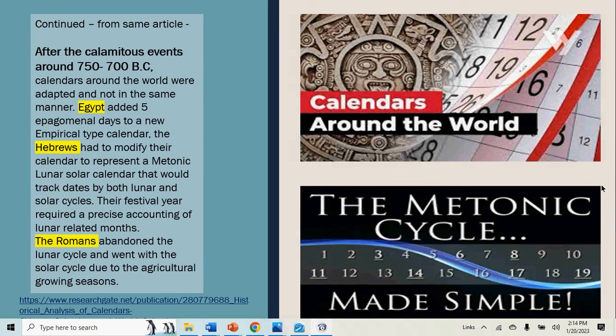The Hebrews had to modify their calendar to represent the Metonic lunar-solar calendar that would track dates by both lunar and solar cycles. Their festival year required a precise accounting of the lunar-related months. The Romans abandoned the lunar cycle and went with the solar cycle due to the agricultural growing seasons.